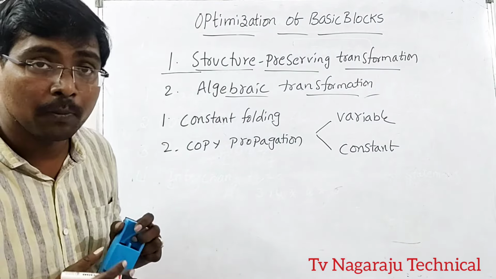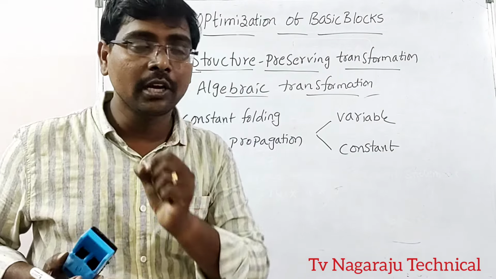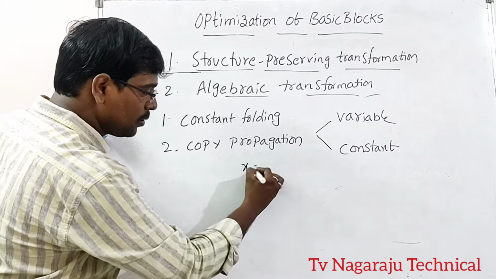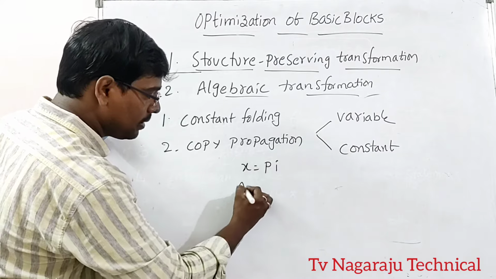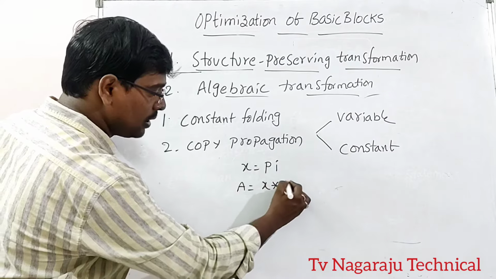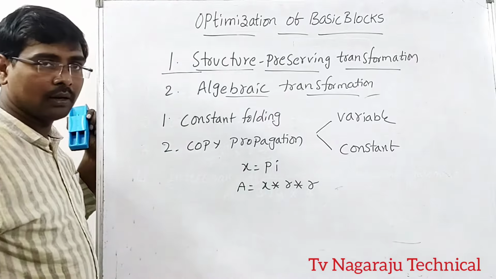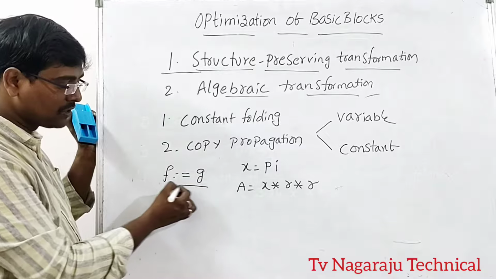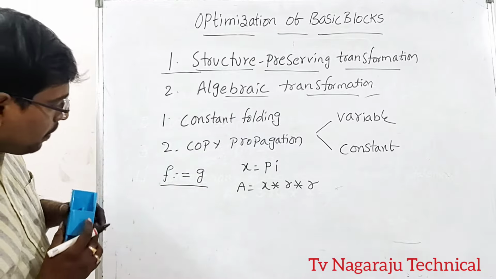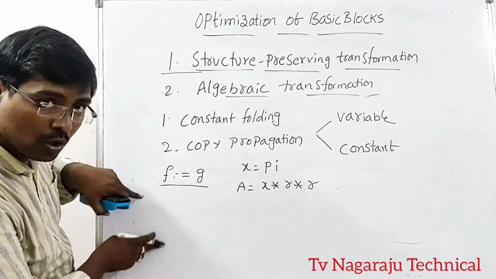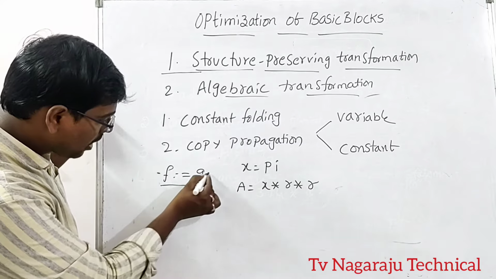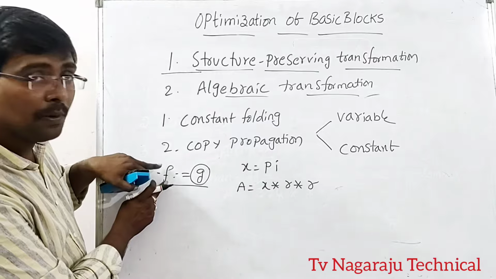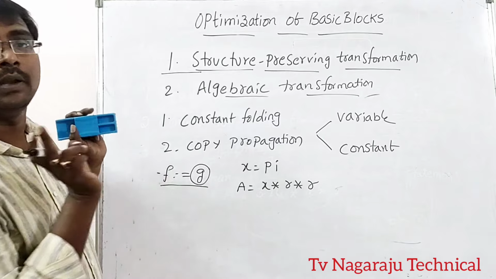First, variable: suppose x is equal to pi, a is equal to x into r into r. If we have an assignment statement like f is equal to g, copy propagation means throughout the code, instead of f, use the term g. Then automatically the importance of f is reduced, and we eliminate f.